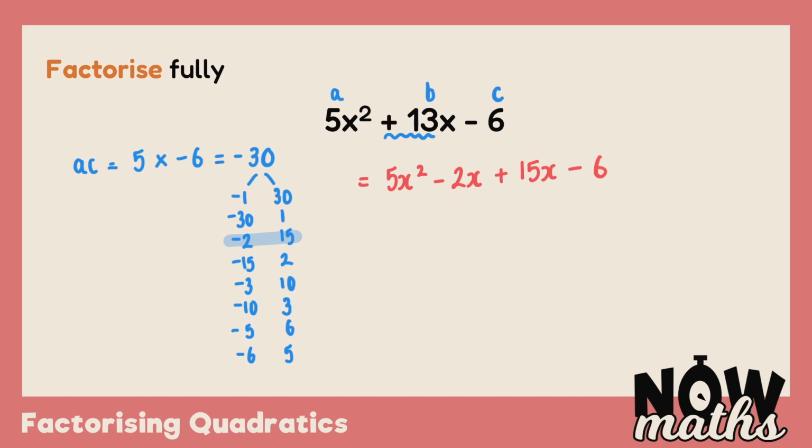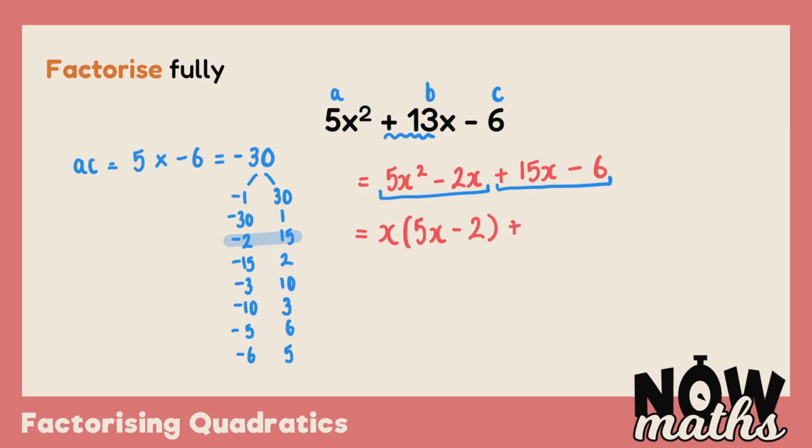We're now going to do exactly what we did before and try and factorise this in two separate parts. So looking at the first half, 5x squared and negative 2x have a highest common factor of x. So we take x to the front of our brackets, and then 5x squared divided by x is 5x, and negative 2x divided by x is negative 2.